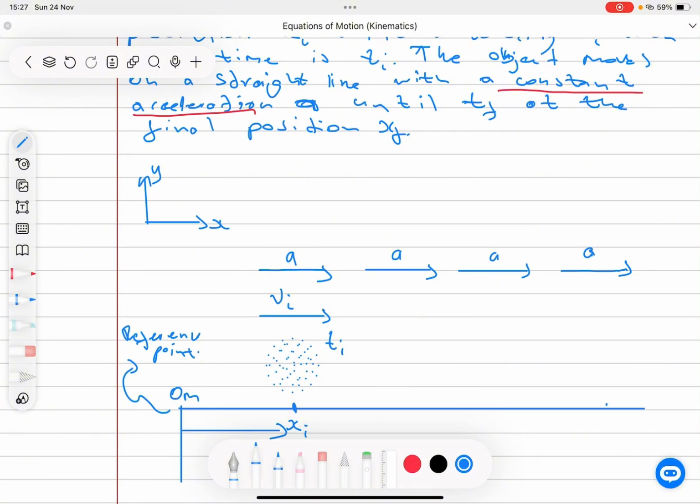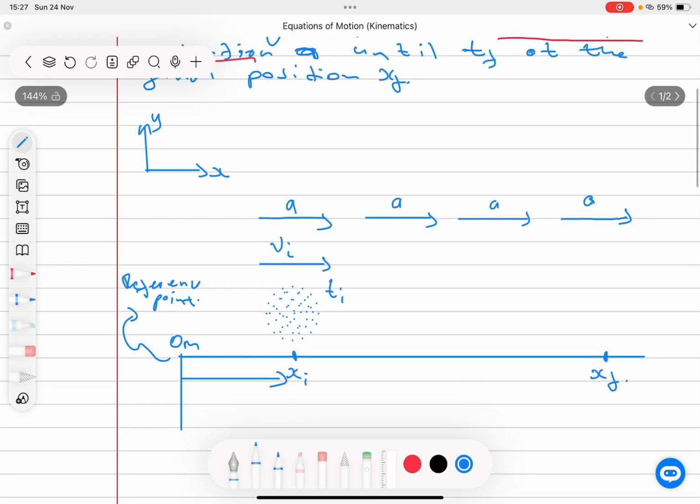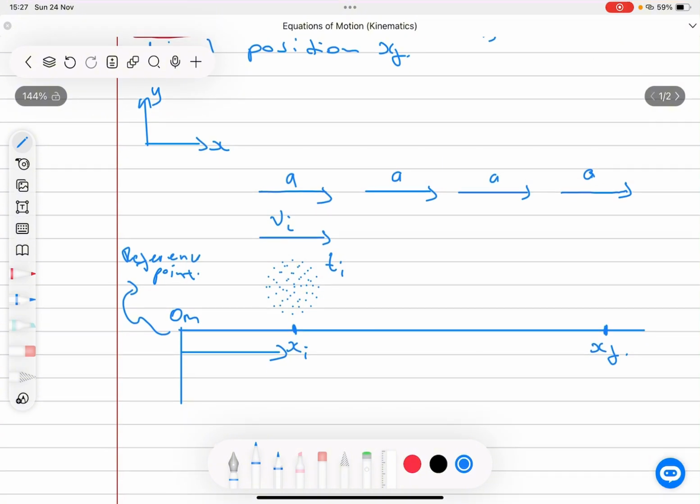Now, our object, let's say it ends somewhere here because I don't have space, which we'll call the final position that it reaches. You have to take note that this final position is measured from the origin, meaning it is a vector that starts from 0, 0 up until this point here.